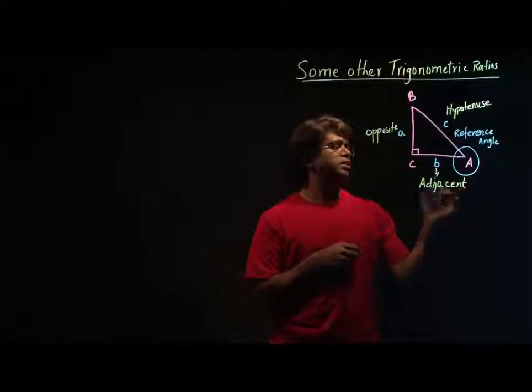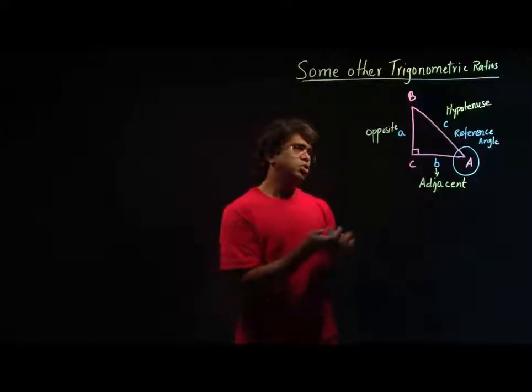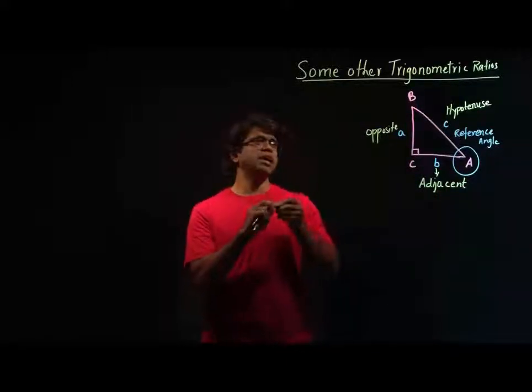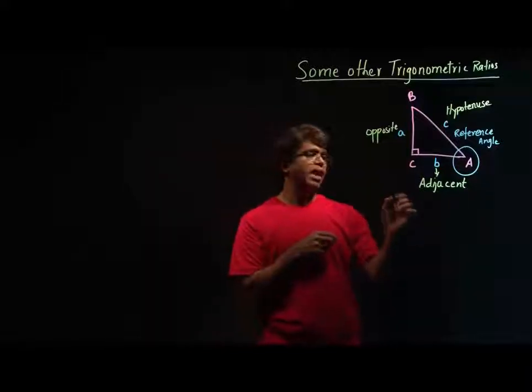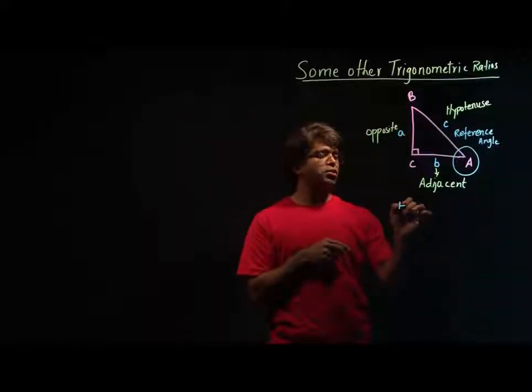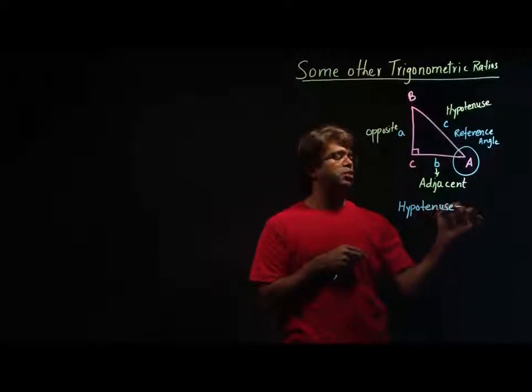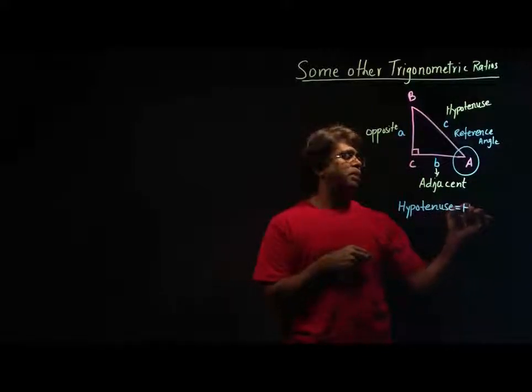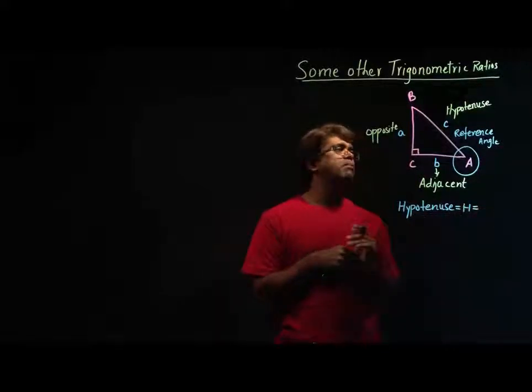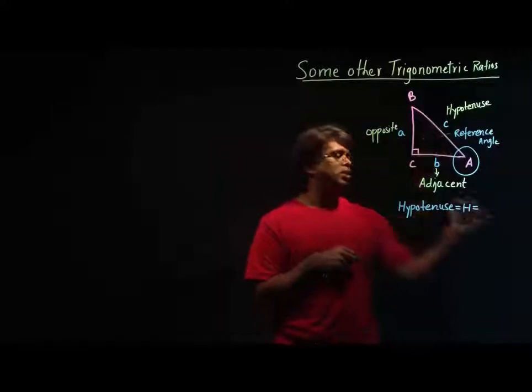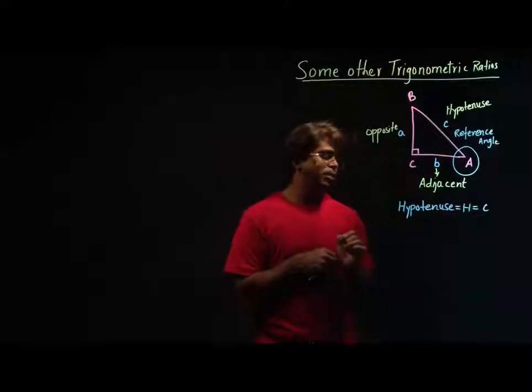So I'm going to write it over here. The first thing we will write is the hypotenuse. I'm going to use capital H for hypotenuse, and hypotenuse, as you can see, is c.